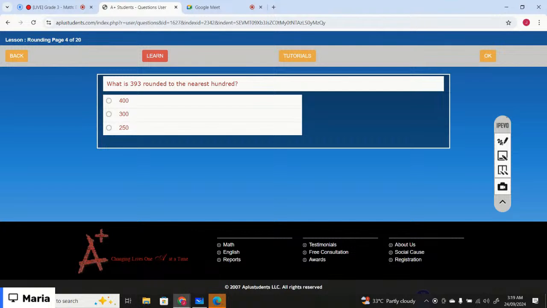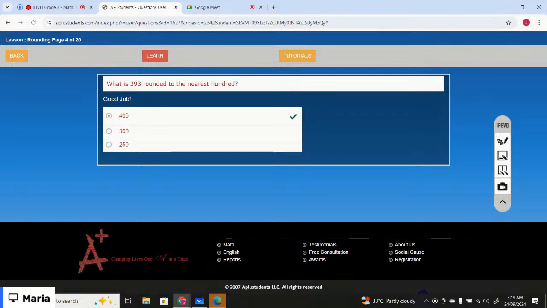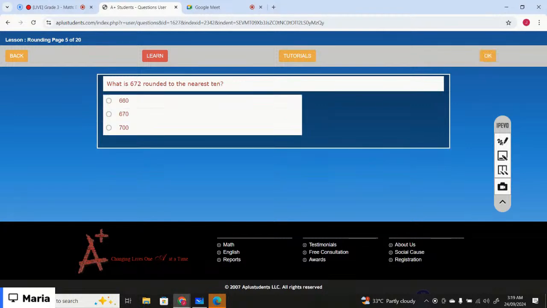Very good. 400 it is. Option number 1 is the correct option. 393 is rounded to 400. What is 672 rounded to the nearest 10? Which is the correct option?